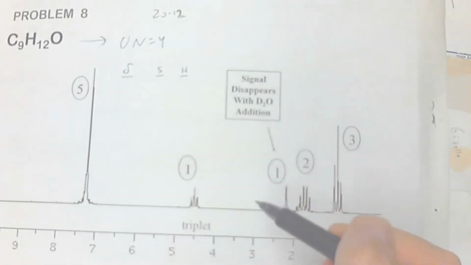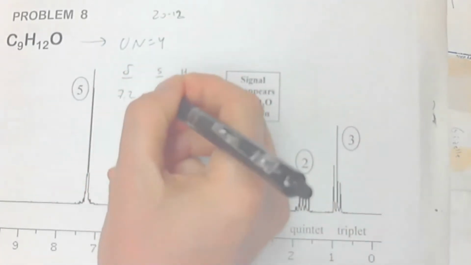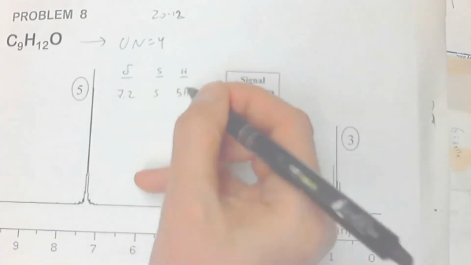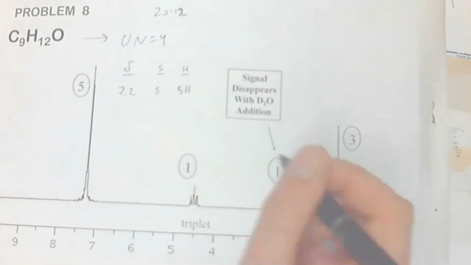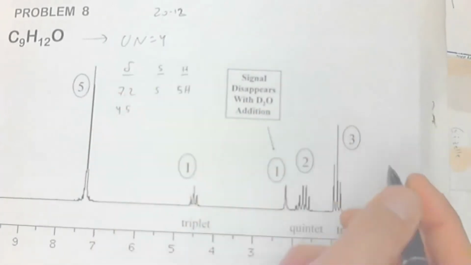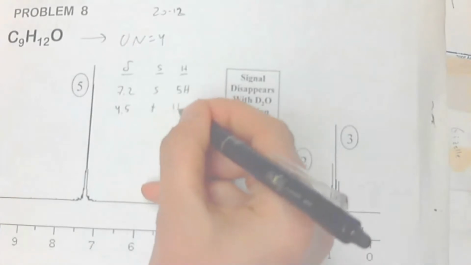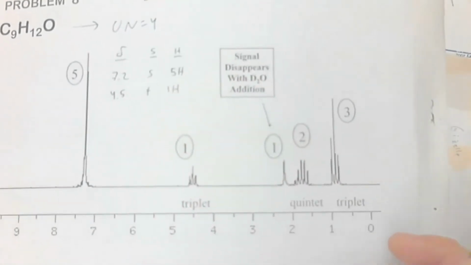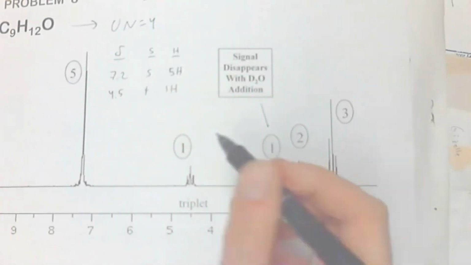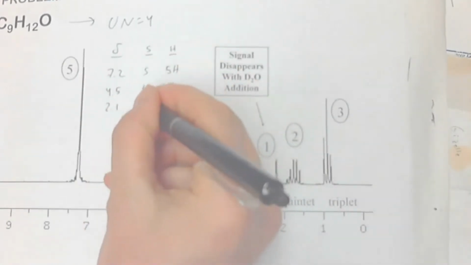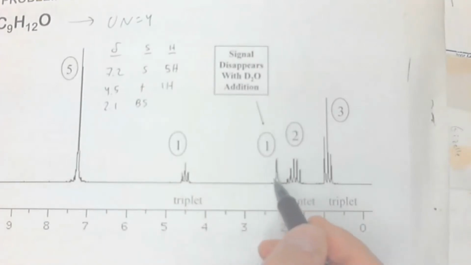Okay, I'm gonna go left to right. 7.2. Splitting is a singlet, 5H. 4.5. Triplet, 1H. Another OH, probably 2.1. Is a singlet. This is actually a little bit of a broad singlet. Sometimes those OHs are a little broadened out.